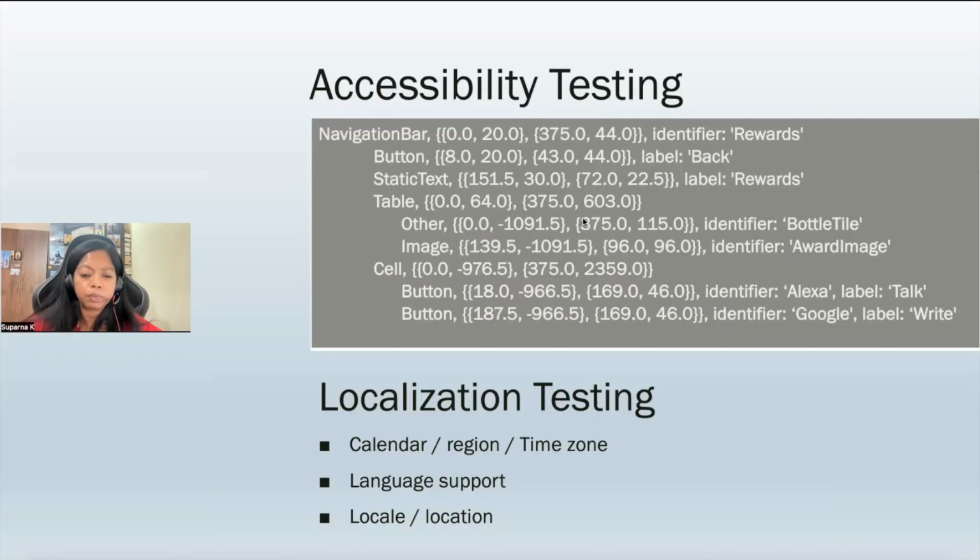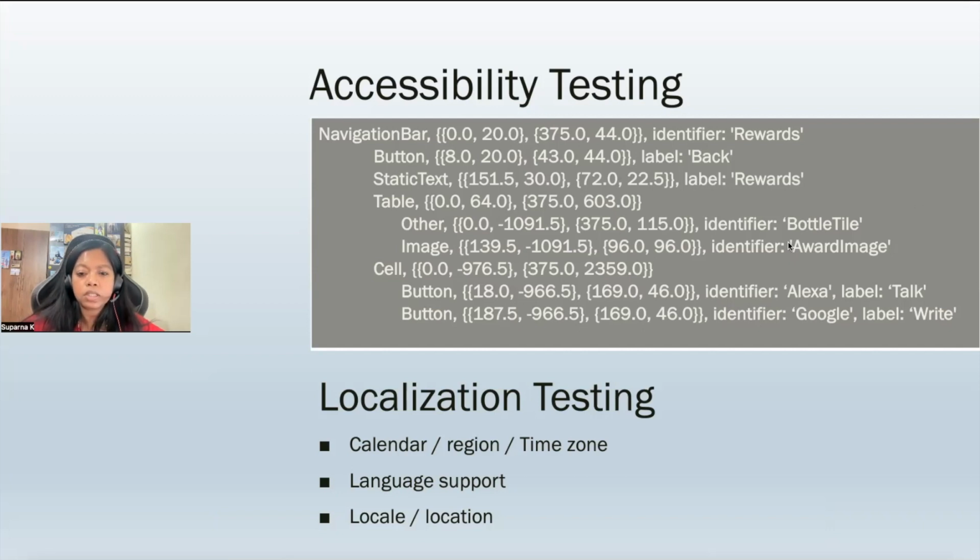If I print the hierarchy in Xcode or Android Studio, in this case an iOS piece, we would notice that some of them have identifiers, some do not, some have labels, some do not. If any trait is missing somewhere, we can just go ahead and add the missing item in the dev code so that it instantly reflects, without any dependency on the developer.